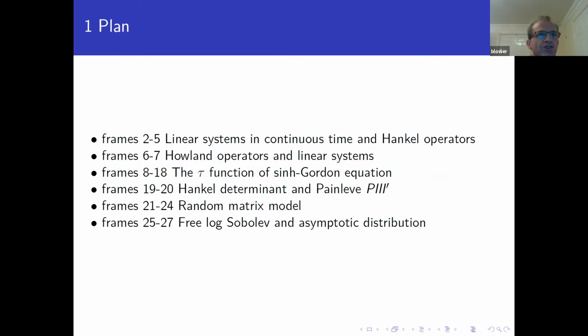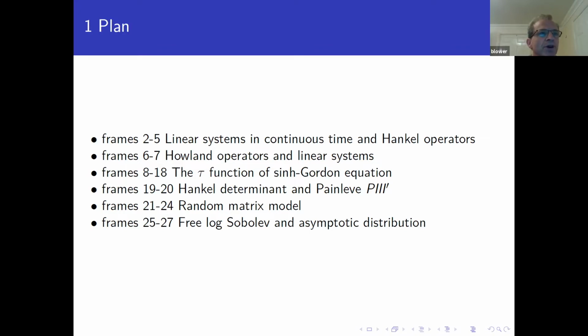And then I'll proceed to discuss how this is connected to a certain Hankel determinant and solutions of a very particular transcendental differential equation, a special case of Painlevé III.